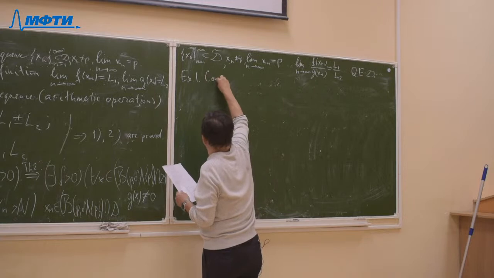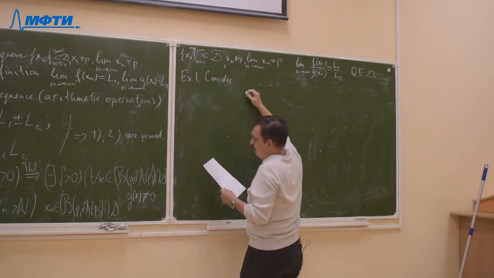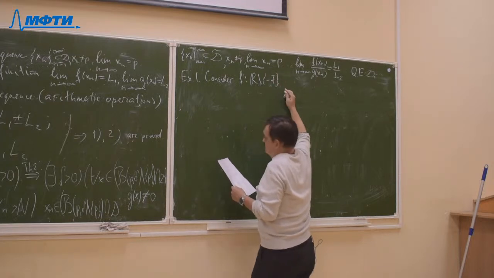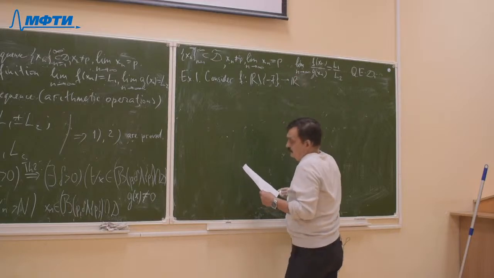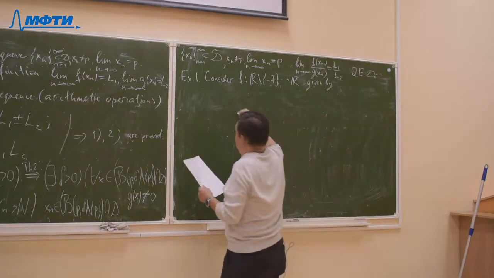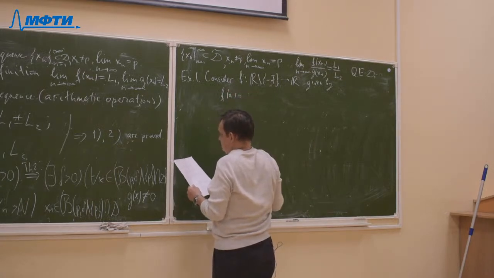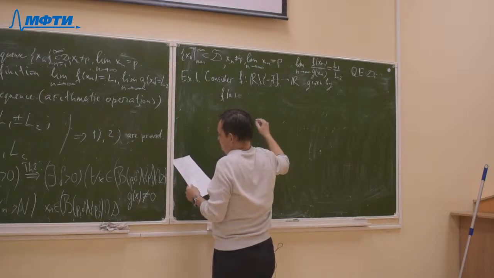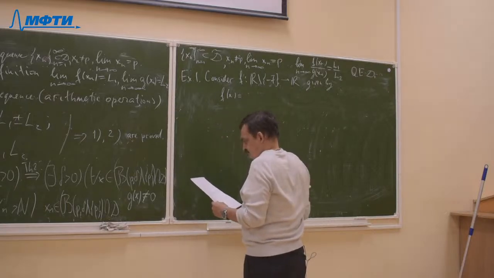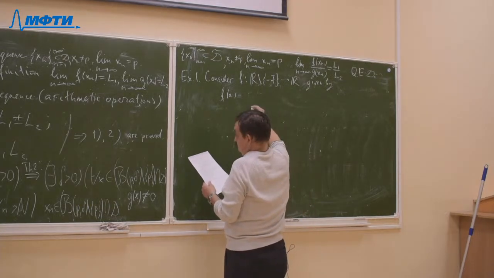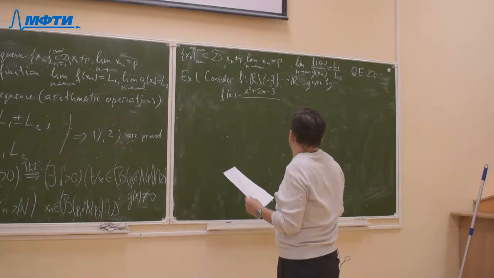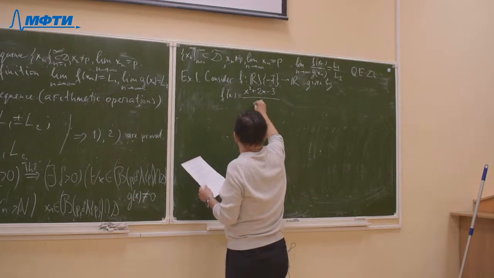So consider f from R minus 7 to R, given by f of x equals x squared plus 2x minus 3 over x plus 7.